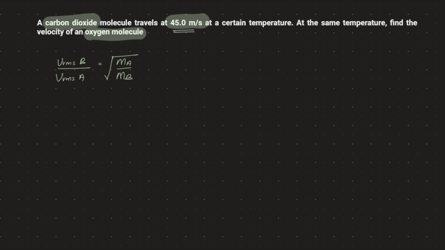We are going to put it as A. So velocity RMS for B divided by 45 is equivalent to the square root of the molecular weight for carbon dioxide divided by molecular weight for oxygen.